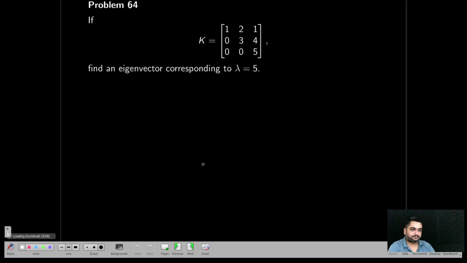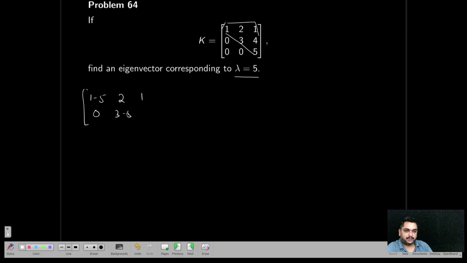Okay. Next, find the eigenvector corresponding to lambda equal to 5. This is an upper triangular matrix. So 1, 3 and 5 are my eigenvalues. So for lambda equal to 5, you calculate the eigenvector. So it will be 1 minus 5, 2, 1, and then 0, 3 minus 5, 4, 0, 0, 0.